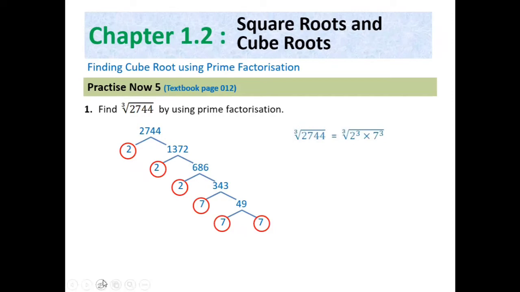And you have to keep in mind, if it is a cube root, you divide the index by 3. Divide the index by 3, and the answer is 2 times 7. That's all. 2 times 7 is 14.